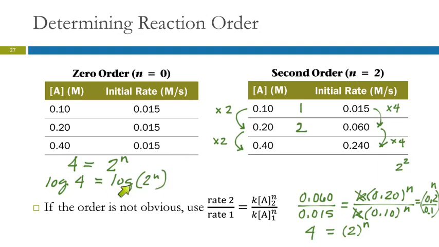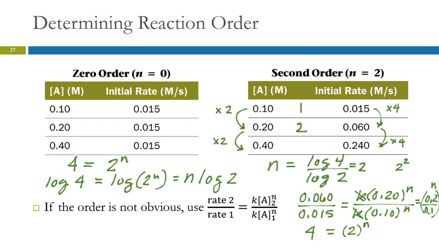But when you do something like this, it is equal to the exponent times the log of that number. n log 2, I'm sorry, I read it backwards. So then n must equal the log of 4 divided by the log of 2.